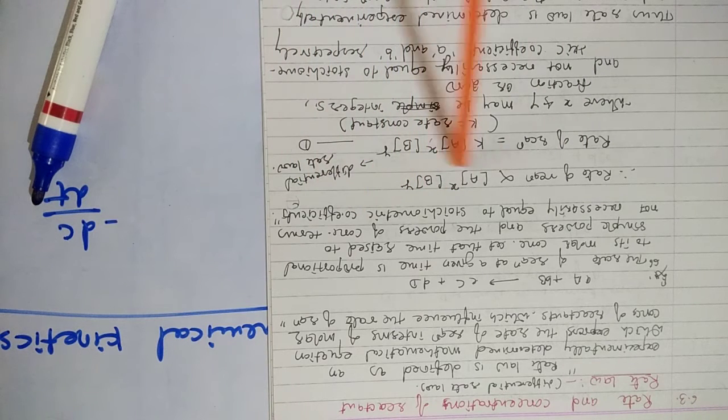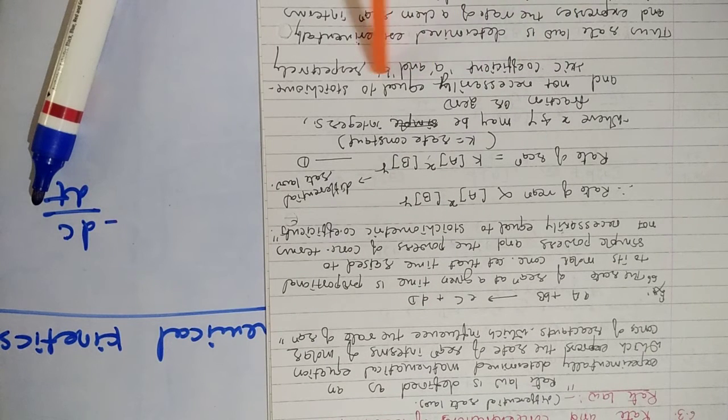So this is the rate law. Now, removing the proportionality sign, we put k, where k is the proportionality constant, called the rate constant. The powers x and y may be integers, fractions or zero, and not necessarily equal to the stoichiometric coefficients a and b respectively.